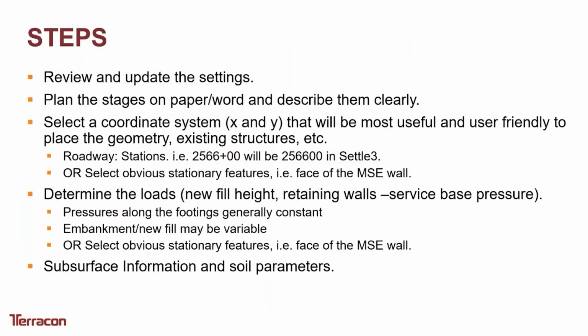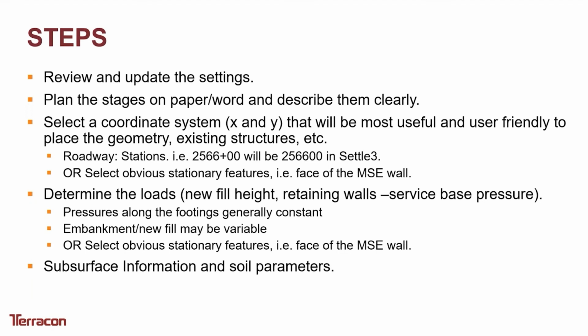So just to give you a very quick summary of the steps, the first thing you need to do is review and update the settings, and I'll be explaining more of this. Plan the stages on paper or a Word document, describe them clearly, because you don't want to get confused yourself. Select the coordinate system that will be most useful and user-friendly.